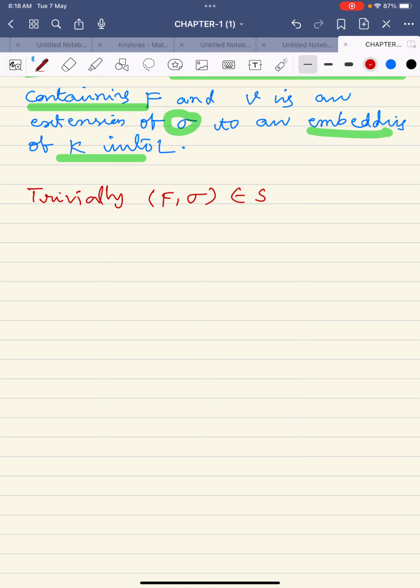That's why F comma sigma belongs to capital S. Clearly S is non-empty.